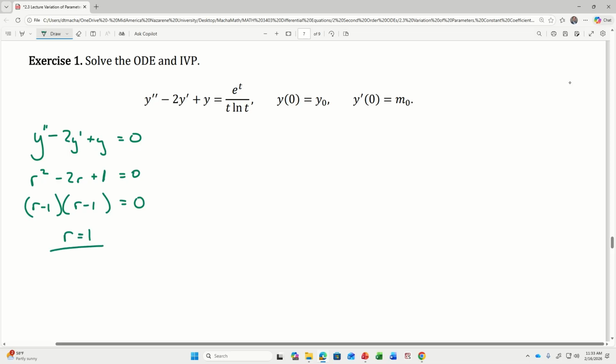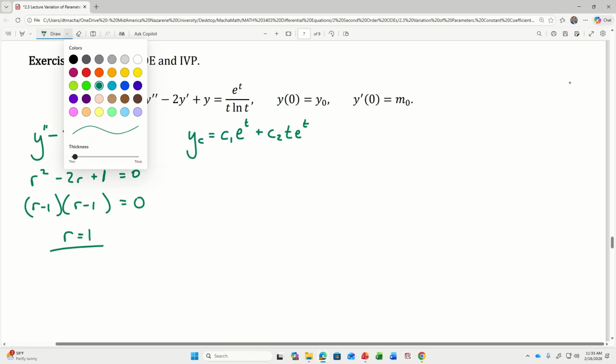So the complementary solution, which is also the general solution to the homogeneous version, would be c1 e to the t plus c2 t e to the t. Hopefully you remember that from our section 2.1 notes. So that's my complementary solution.